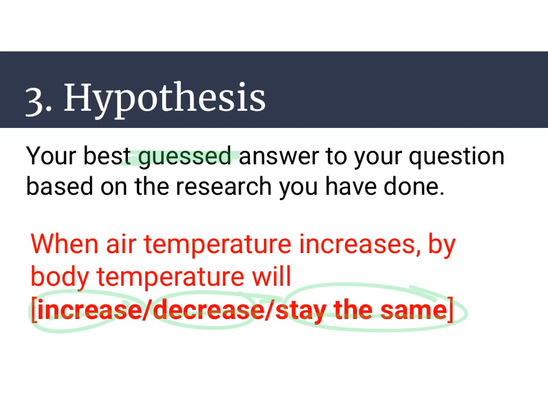Go ahead and highlight which of those three you predict for your hypothesis. Okay, I predict that when air temperature increases, my body temperature will increase, decrease, or stay the same. Go ahead and pick out which one you think based on your research, and that will be your exit ticket for today.